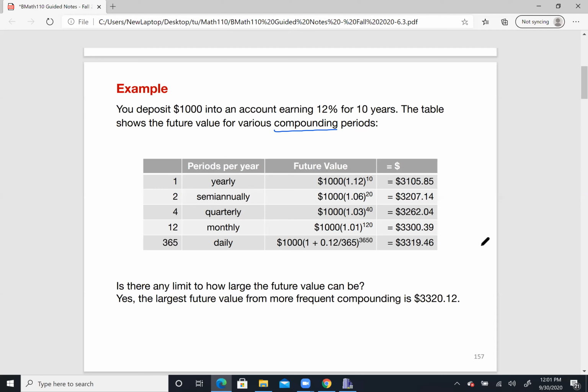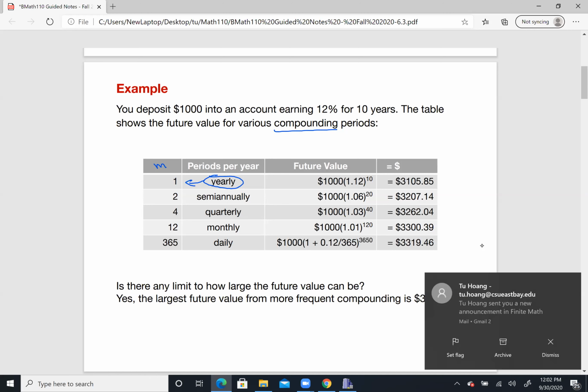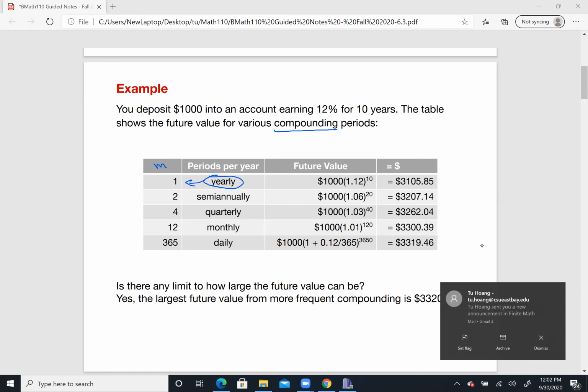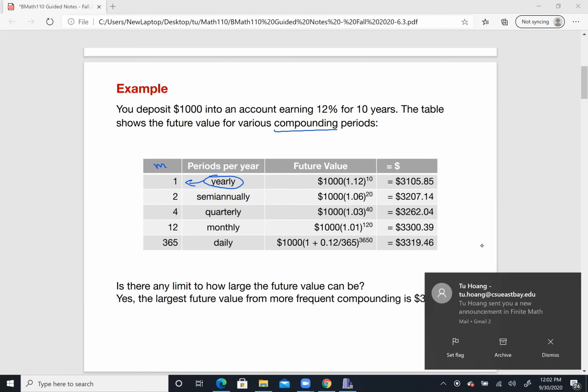Option number one, periods per year is yearly, and that means it compounds one time per year. The first column is how many times they compound per year, and that's the reason why I have m equal to 1.